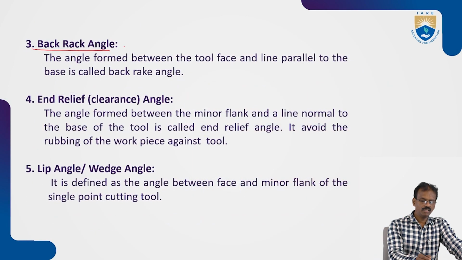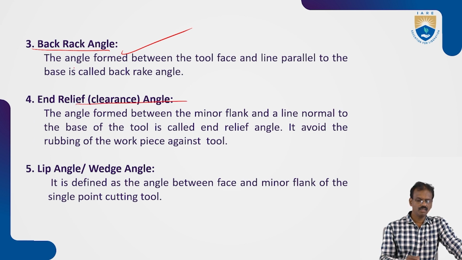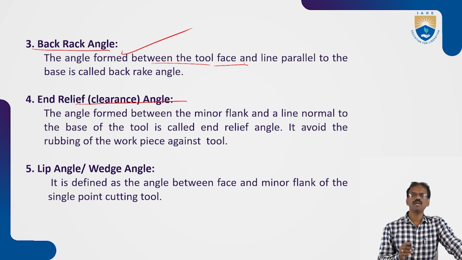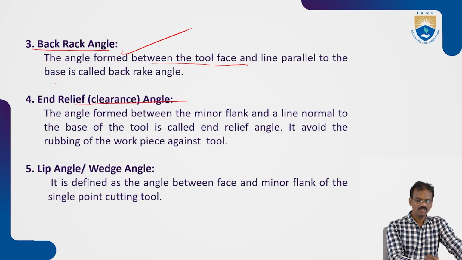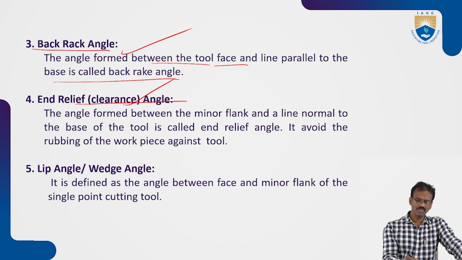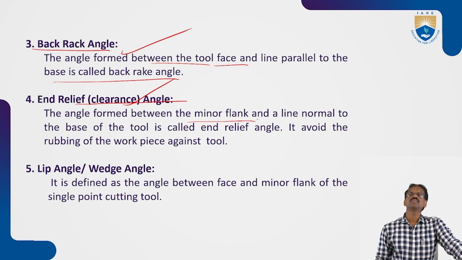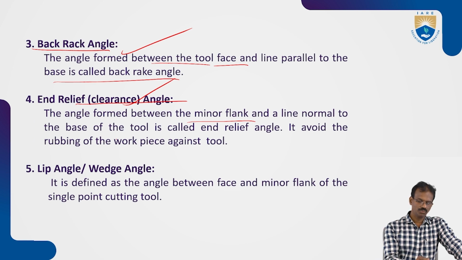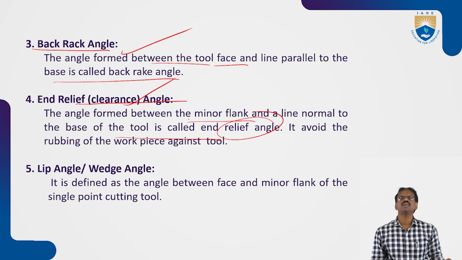Back rake angle is the angle formed between the tool face, the rake face, and the line parallel to the base of the tool bit. That is the back rake angle. Clearance angle is the angle formed between the minor flank and the line normal, or perpendicular, to the base of the tool. That is the clearance angle, or end relief angle.